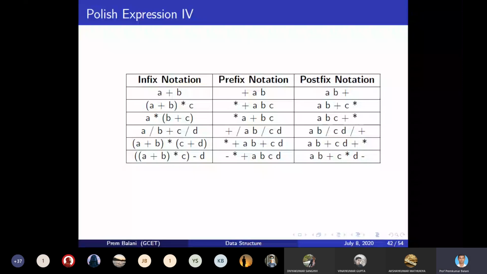Has anyone got the answers correct? How many of you have solved it?